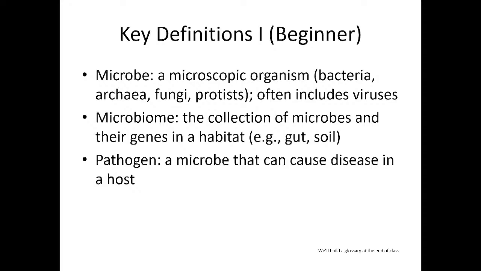For example, in our guts, in our stomach, if you want to collect all the populations of microorganisms in that environment, they are referred to as the microbiome. Then you will also come across the word pathogen. Pathogens are disease-causing microorganisms, capable of initiating a disease in a certain host.